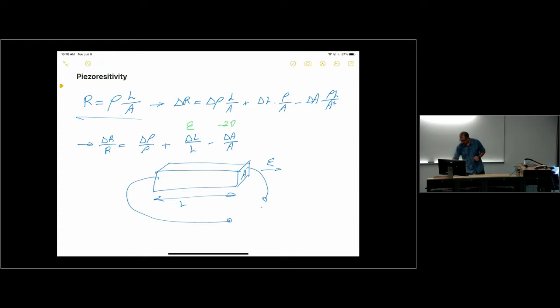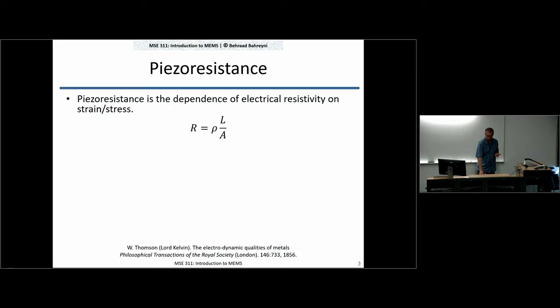And now going back to this, this is the end result. So delta R over R, if you apply a strain epsilon to this structure, is going to be given by that expression. There's a term delta rho over rho, which is a property of the material that has changed.